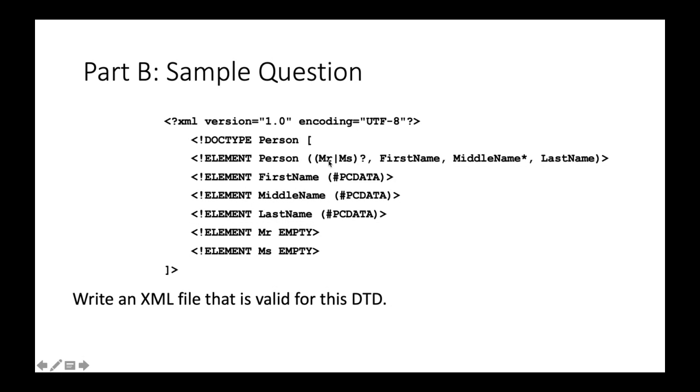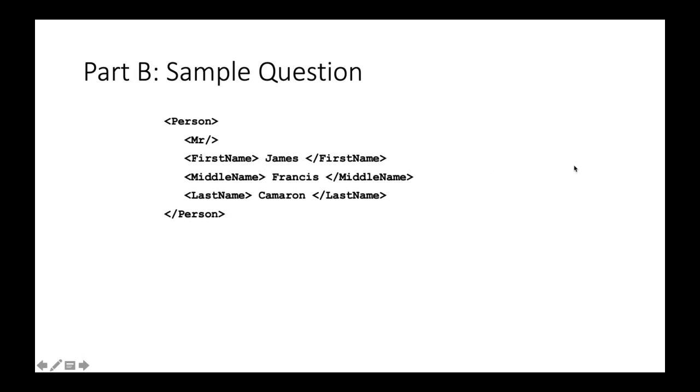So just write Mr. and then close. And then you go to the first name tag and middle name. You can ignore the middle name because the star here says it can be 0 or more, which means you can ignore it. And then you have last name. It's very straightforward. So this is the answer. First person, Mr., first name, middle name, last name. See?